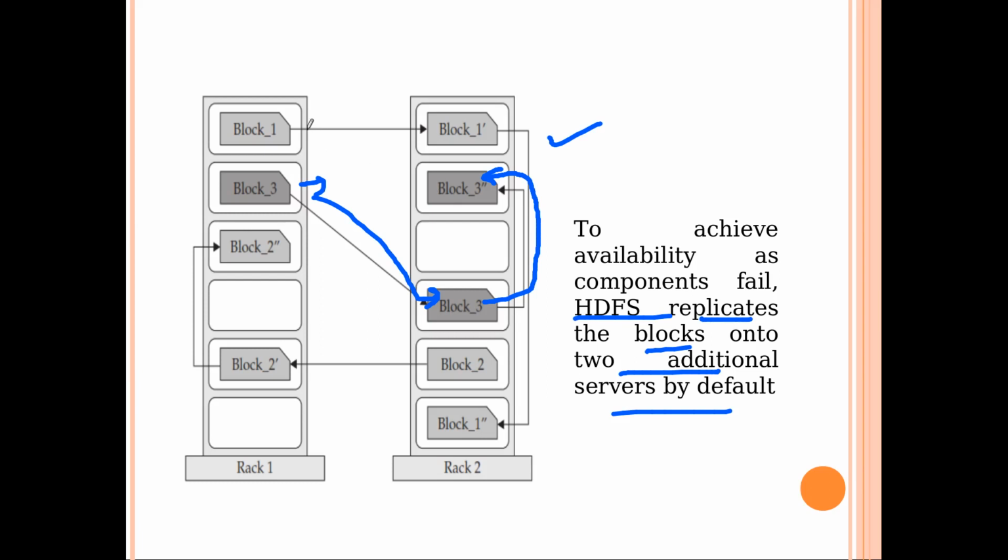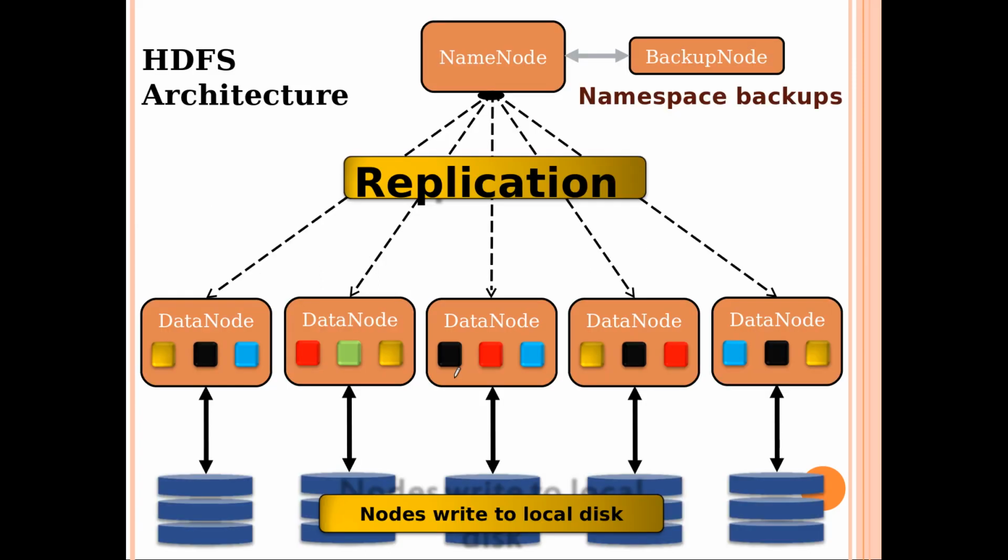Similarly, block 1 is replicated here, as well as here. Similarly, block 2 is replicated over different nodes in various racks present in the cluster. So this is the HDFS architecture in an overall format. As you have seen in the HDFS area, that means the file system architecture, we have two main components.